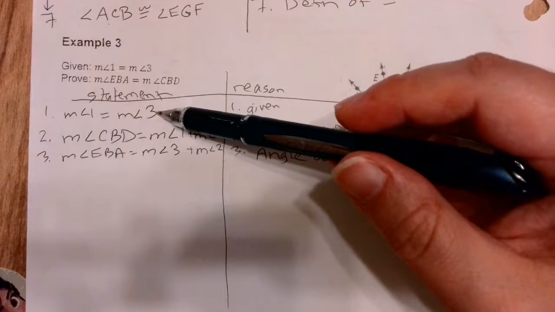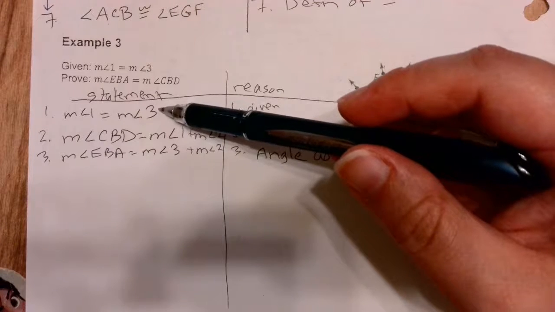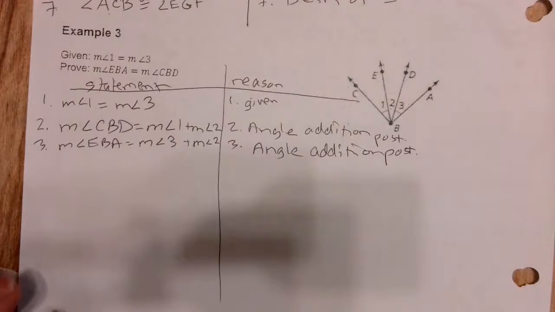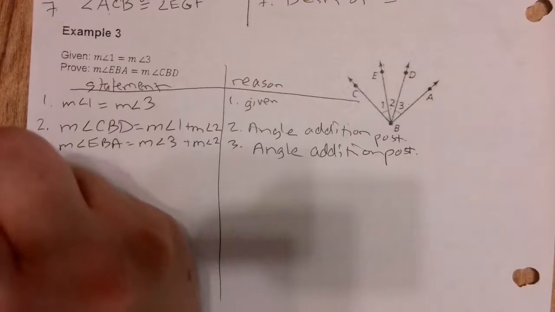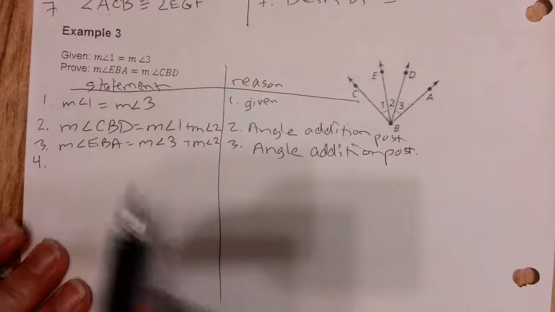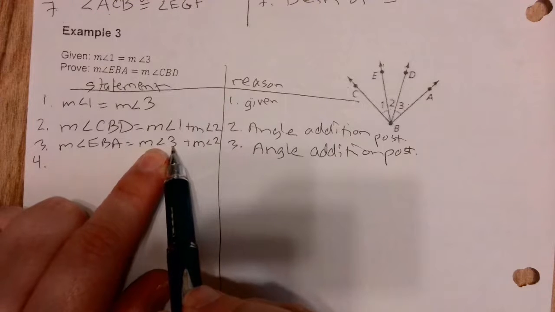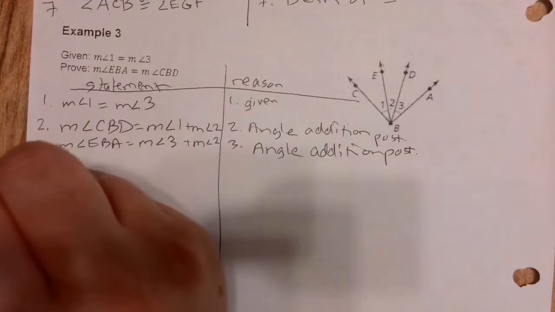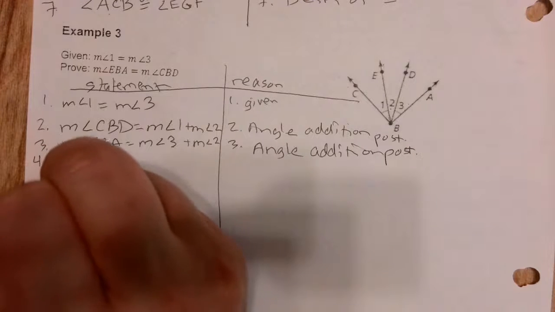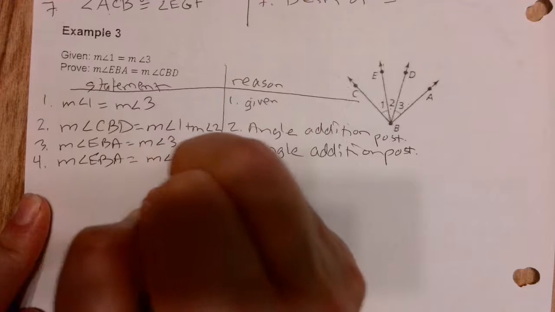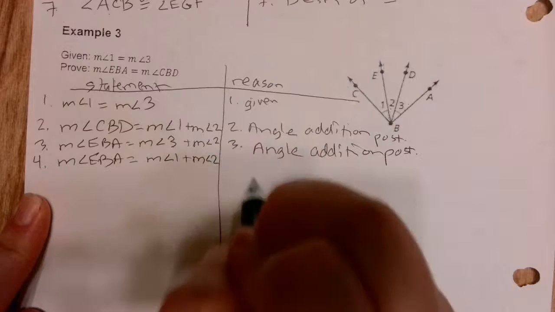But look at line 1. We still haven't used line 1. Line 1 says that the measure of angle 1 is equal to the measure of angle 3. So what we can do, let's take this 3 and turn it into a 1. That means the measure of angle EBA is equal to the measure of angle 1 plus the measure of angle 2.